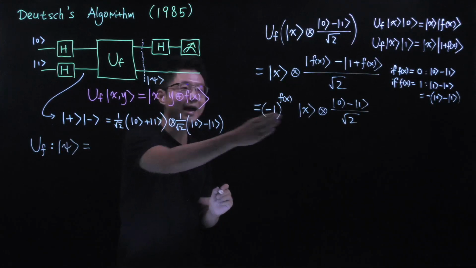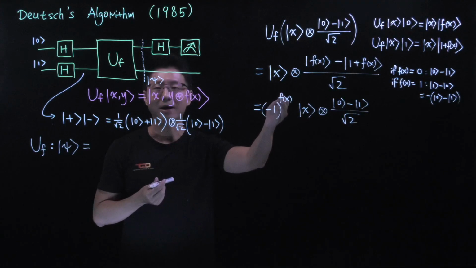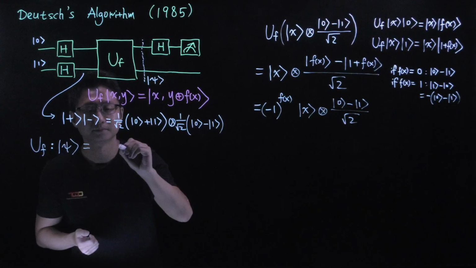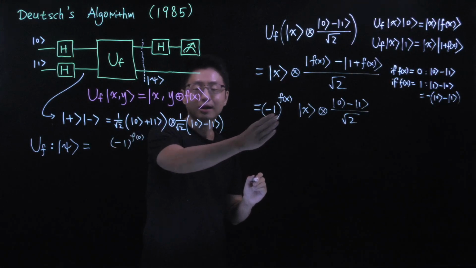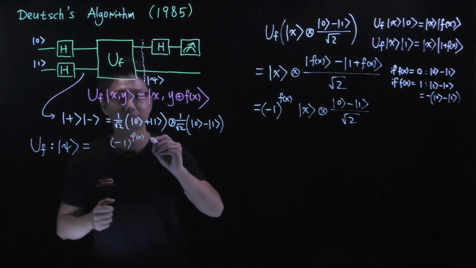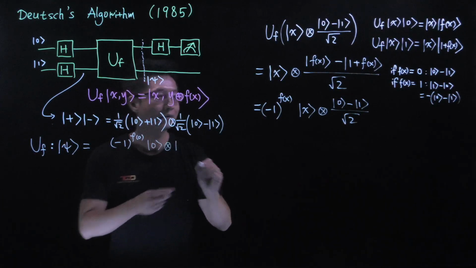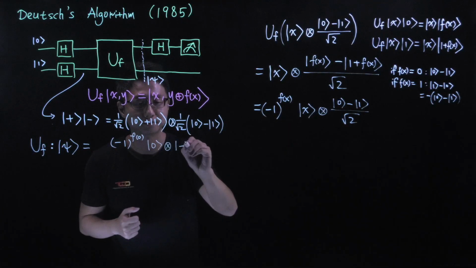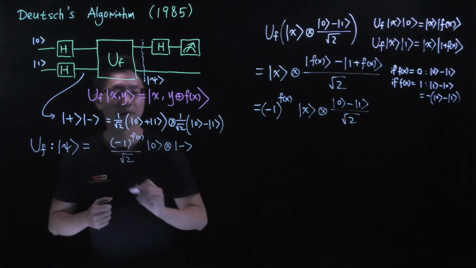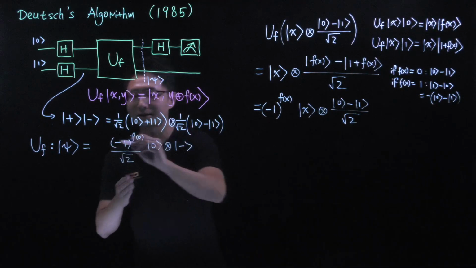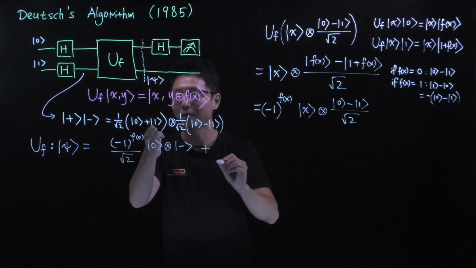For the 0 ket, for x equal to 0, we will have minus 1 to the power of f of 0 times 0 ket tensor with that. Now I will just shorten the notation to call this the minus ket. Okay, I need a square root of 2 over here. That's the first part. And there's also the second part that goes with the 1.